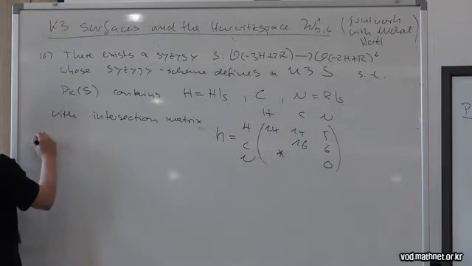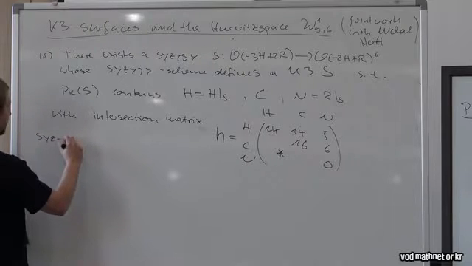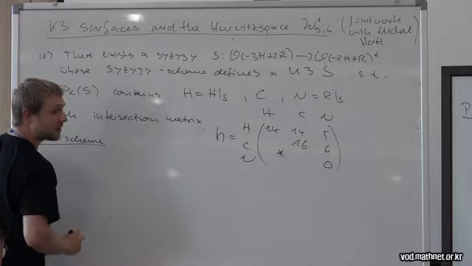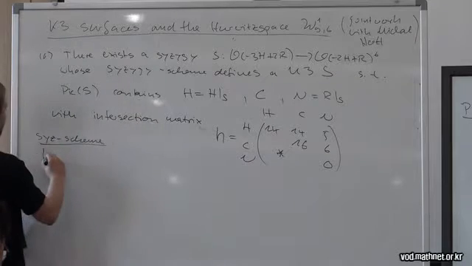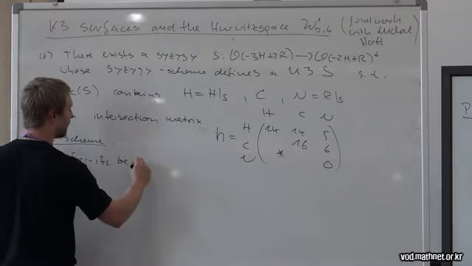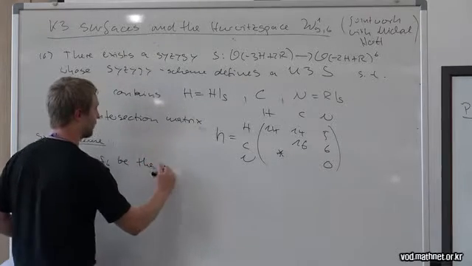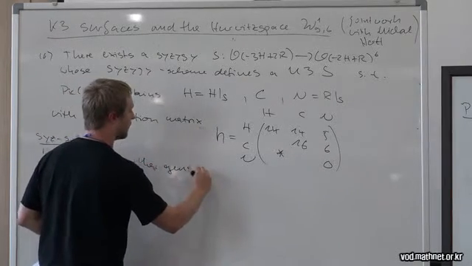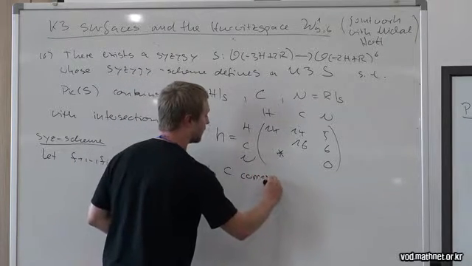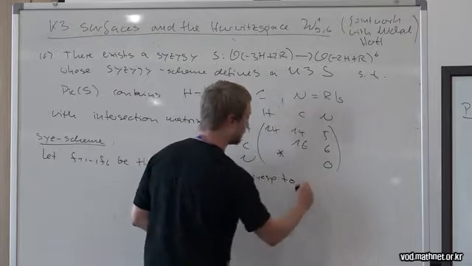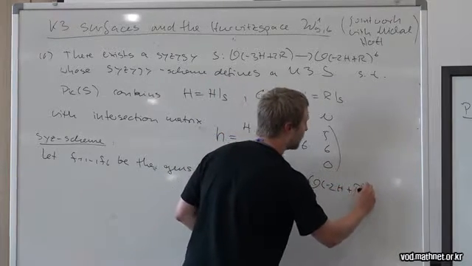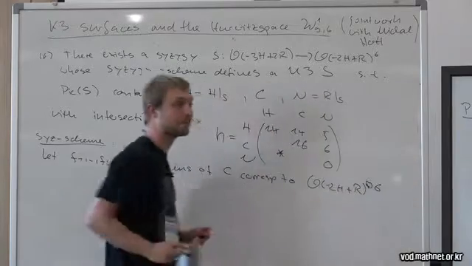Now I'm going to explain very briefly what a syzygy scheme is, at least in this situation. So let F1 up to F6 be the generators of C corresponding to the O minus 2H plus R to the 6th term.